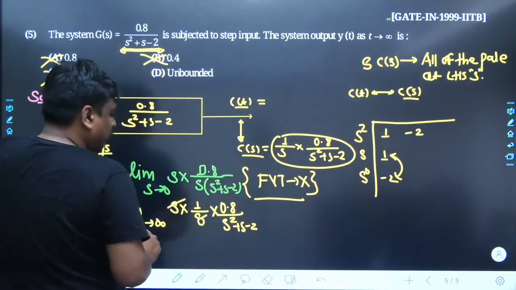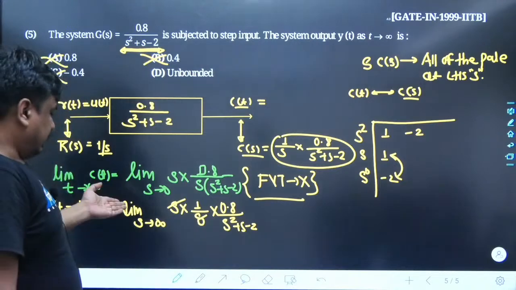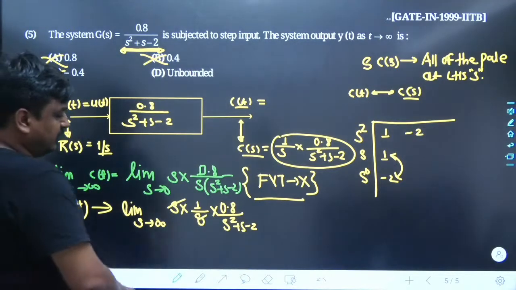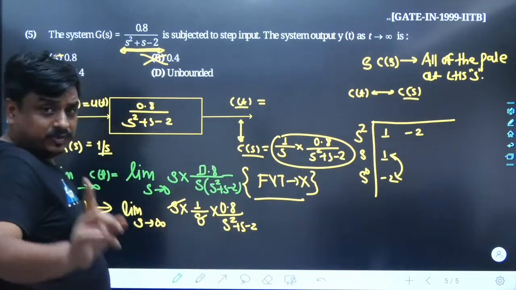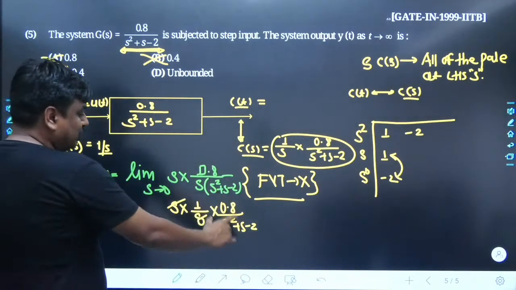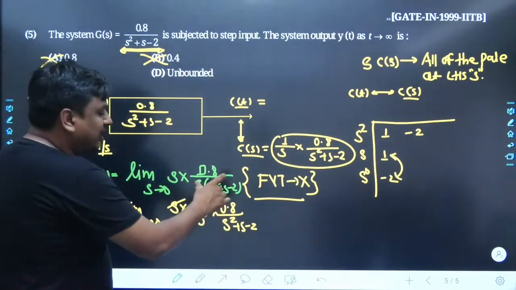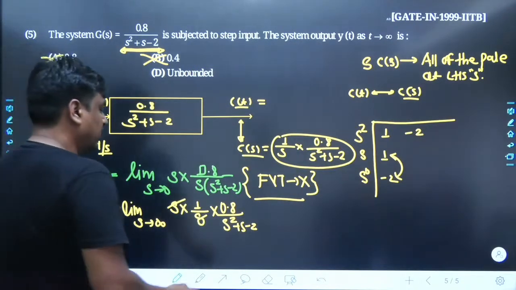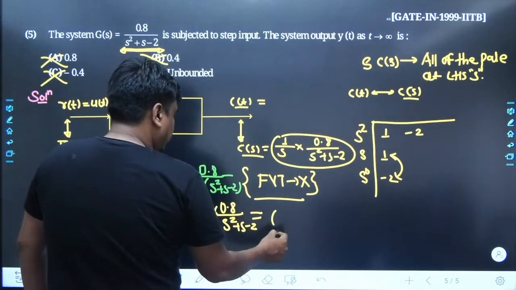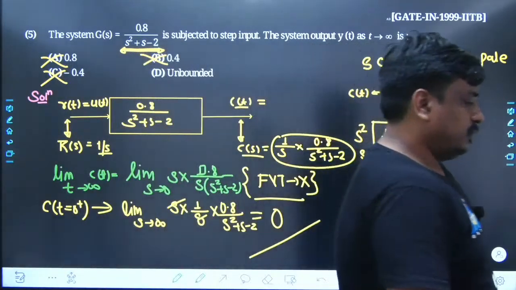One thing is quite sure: whenever a certain variable tends to infinity, if the degree of denominator is higher than the degree of numerator, the resultant would be 0. If the degree of numerator is higher than the degree of denominator, the resultant would be infinity. And if the degrees of numerator and denominator are the same, we get a non-zero finite value. But here it is pure 0.